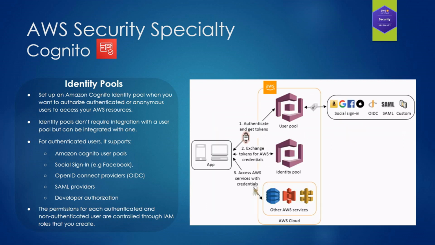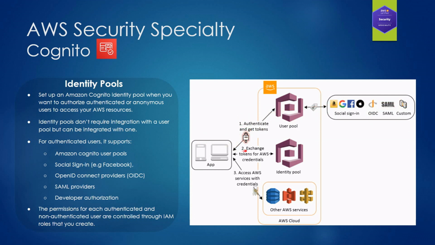And then finally, the identity pool would pass back the role credentials, the temporary credentials, to the user in the application. So before we finish, I wanted to explain how the entire picture looks when you use both the user pool and the identity pool. So you would have here your application. The user would authenticate in order to get those tokens in JWT format, and that can be done with local identities, with social sign-in, OIDC, and so on, as we saw, or even custom if the developers are creating a custom authentication flow.